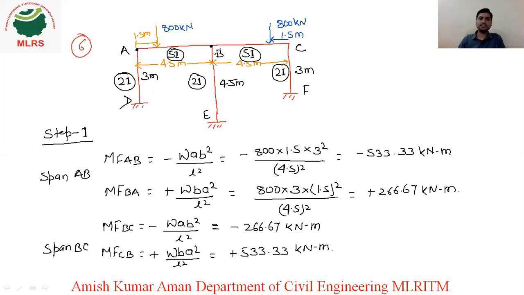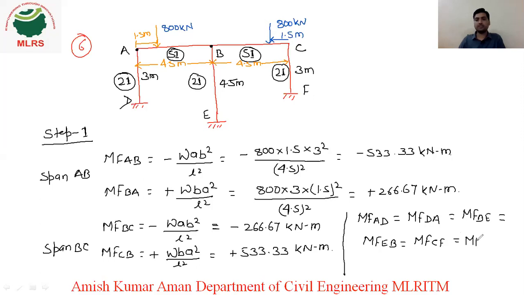For spans AD, BE and CF, I will write it here. Coming to span AD, what will be the fixed end moments? MF AD is equal to MF DA. Coming to span BE, MF BE is equal to MF EB also. Now coming to span CF, MF CF is equal to MF FC, which will be equal to 0.